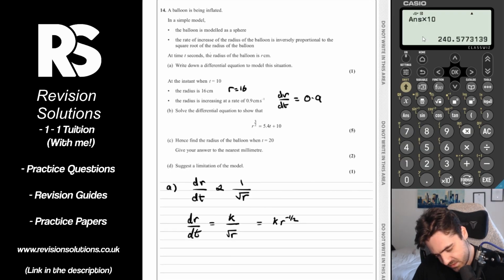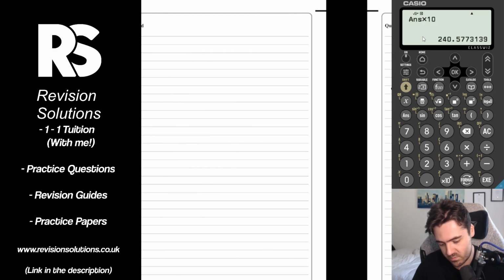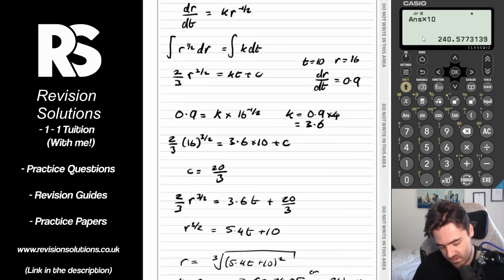Then it says, suggest a limitation of this model. So what are we modeling here? We're just doing the radius of a balloon in time. Well, this function's only ever going to grow. So it's predicting the balloon's just going to grow forever, which doesn't sound very realistic. So I would assume the balloon would pop at some point if you inflated it too far.